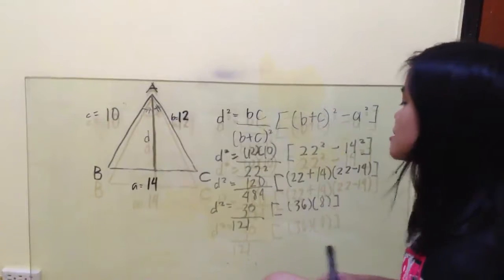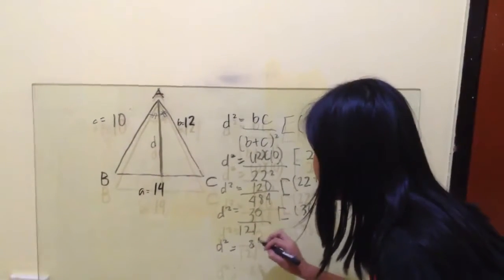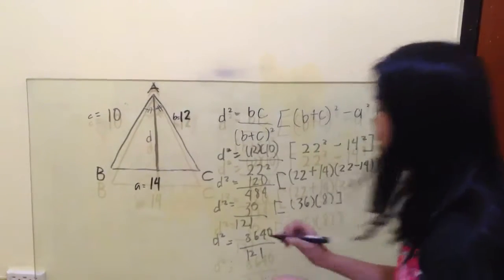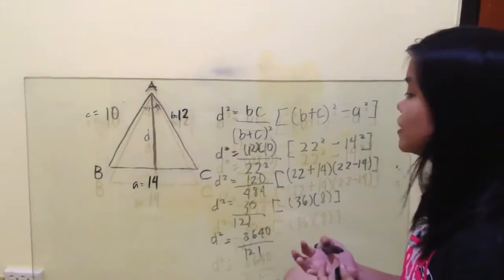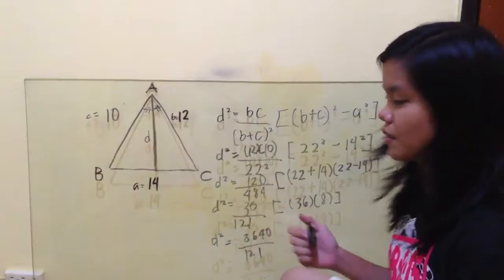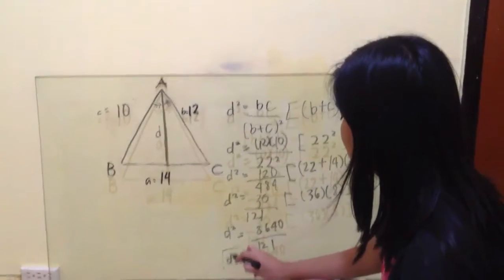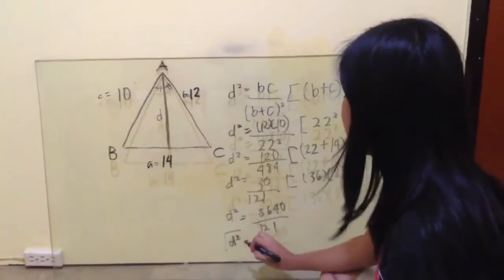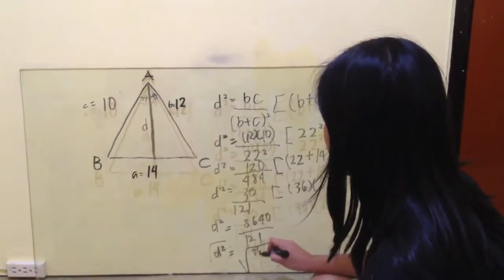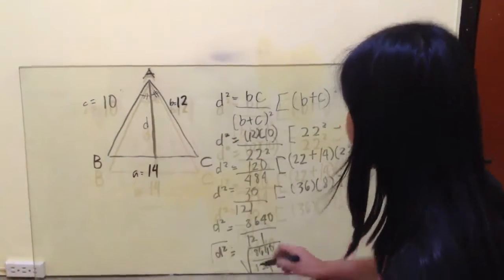Multiplying all the numerators will give us 8,640 over 121. And in order to find the value of d, which is the angle bisector, we need to get the square root of both sides of the equation. So, square root of d squared is equal to the square root of 8,640 over 121.